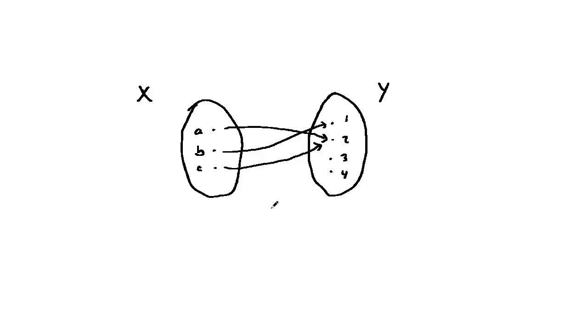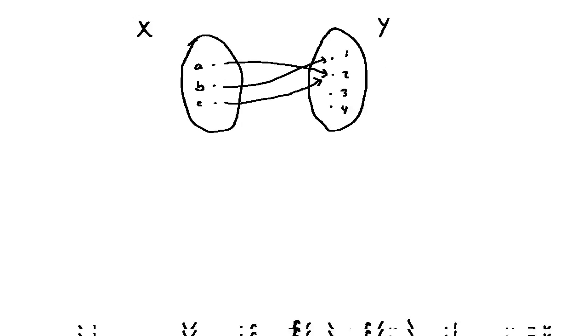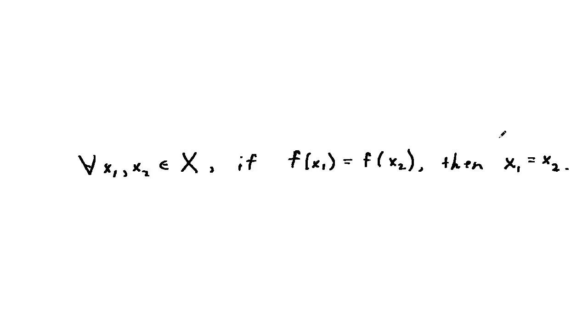This is not a one-to-one function because a and c both get sent to 2. The formal definition of the one-to-one property is: for all x1 and x2 in big X, if f of x1 equals f of x2, then x1 equals x2.